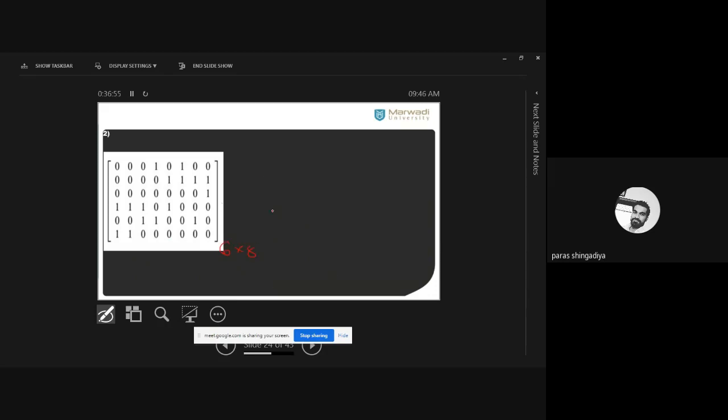So consider 6 vertices in any position. These are the 6 vertices. Give the notation as A, B, C, D, E, and F. The edges are E1, E2, E3, E4, E5, E6, E7, E8.